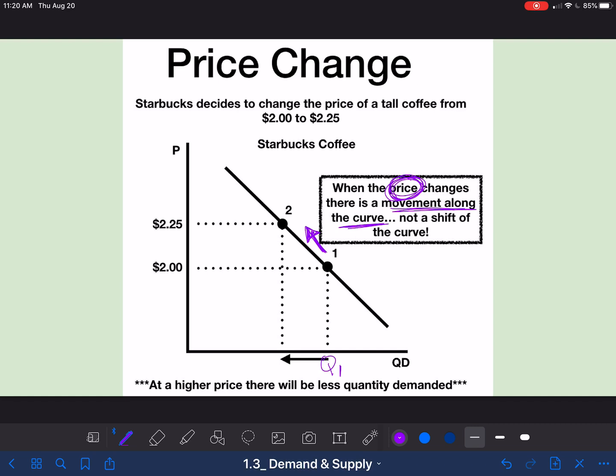If you're rational, like economists believe people are, the answer is no. You're going to decrease your quantity because you're a rational person. Irrational people, like myself, don't really care about the price of the coffee. We just care about the caffeine.